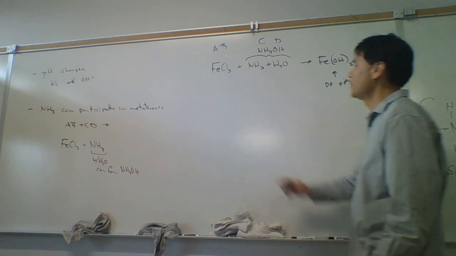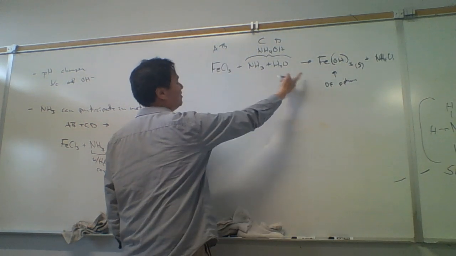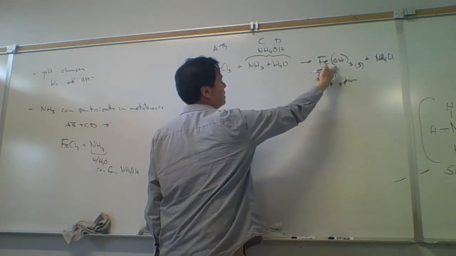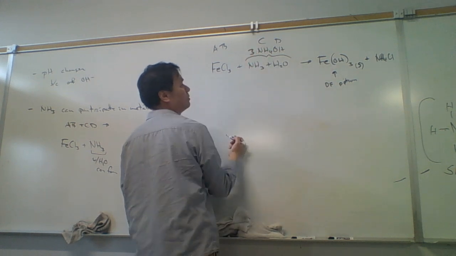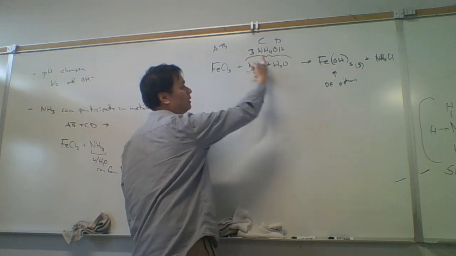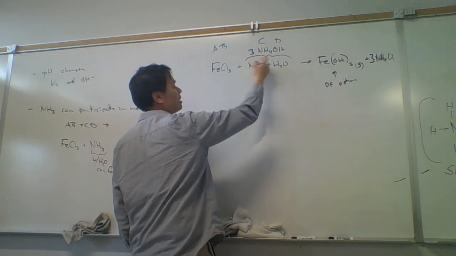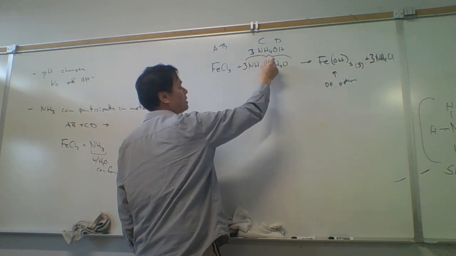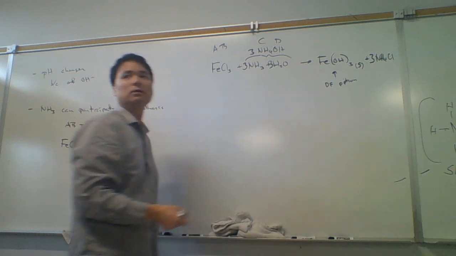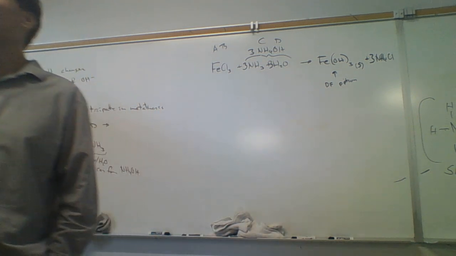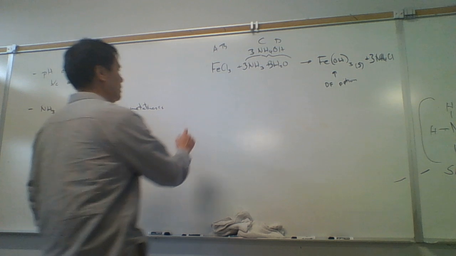Well, it's easiest to balance it by the ionic compounds. 1 iron, 1 iron. I need 3 hydroxides here, so I'm going to get 3 ammonium hydroxides here. And that's going to make 3 ammonium chlorides here. So if I have 3 ammonium hydroxides, that means I need 3 ammonias and 3 waters. And so this is going to be the CE.